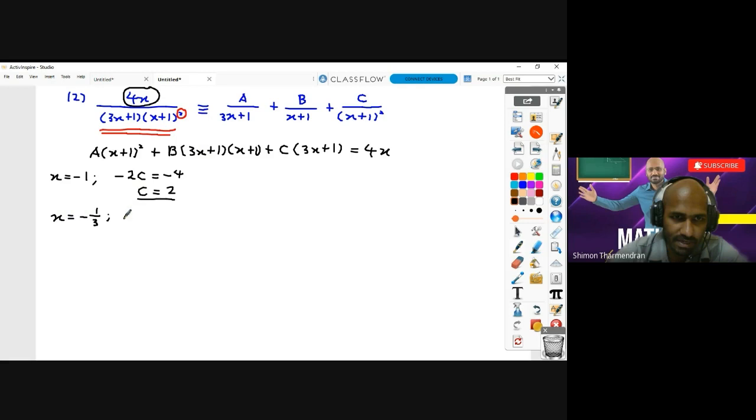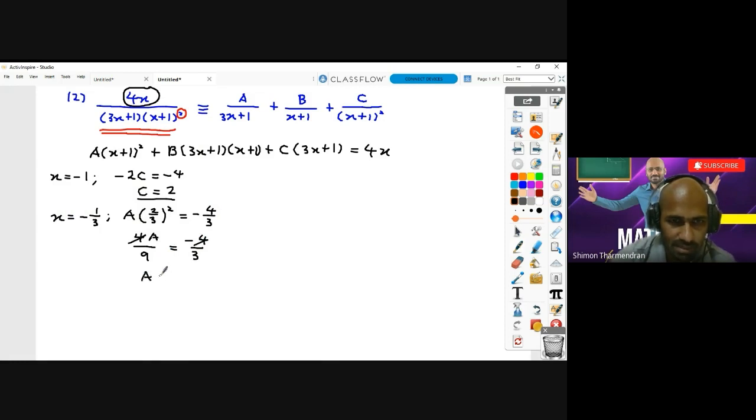So I will have A into (minus 1 over 3 plus 1), which is 2 over 3, with a square, equals 4 times minus 1 over 3, which is minus 4 over 3. When I square over here, I get 4A over 9 equals minus 4 over 3. Both sides I got 4, I can cancel off, multiply the 9 up there.